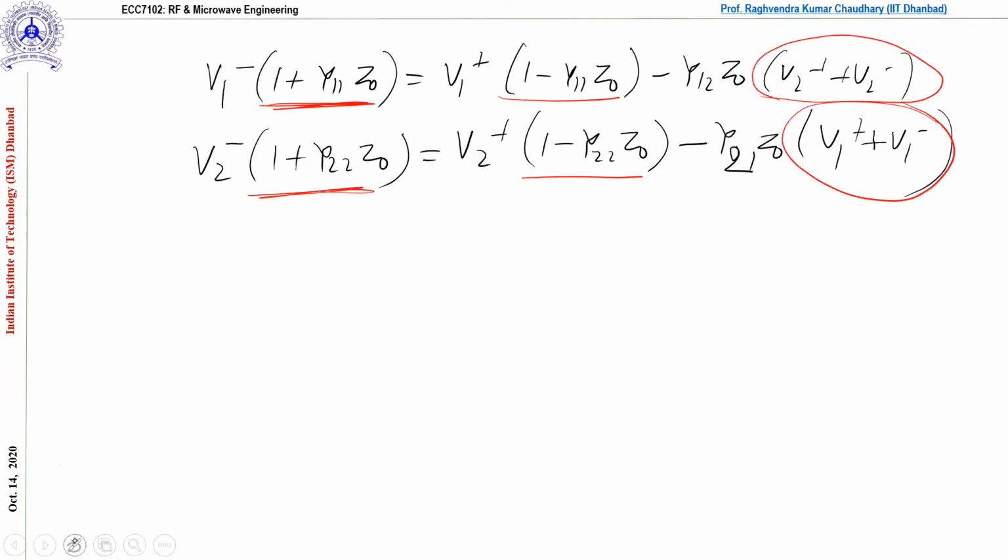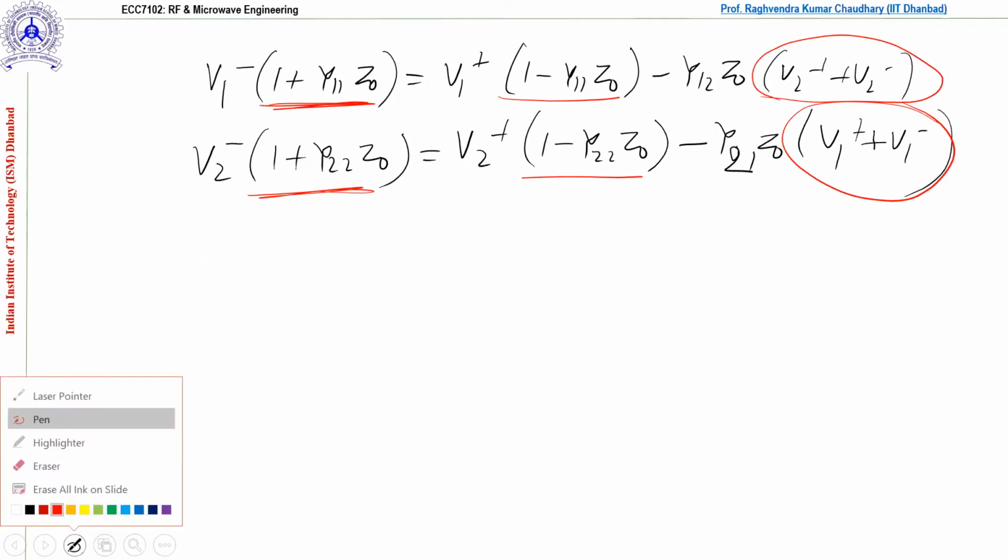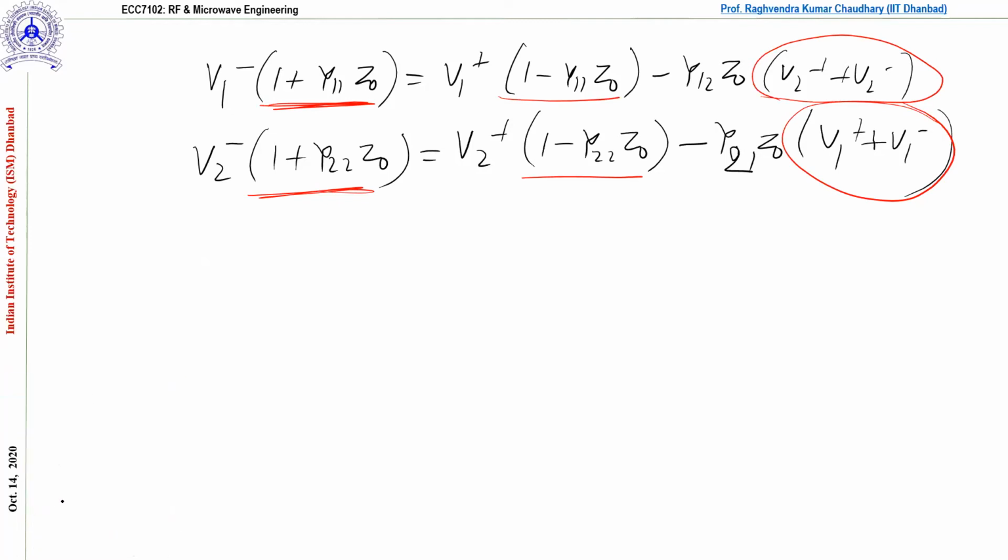So we can try to write down the equations, but somehow it is difficult to separate these things. We call this a coupled equation. So it is better to write these in terms of functions. From here one thing is clear: these coefficients are functions of the Y parameters and the characteristic impedance.